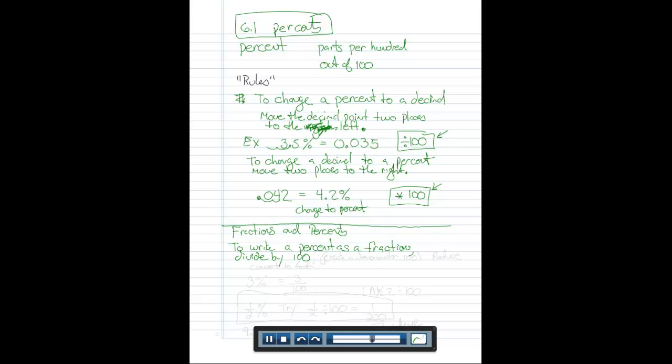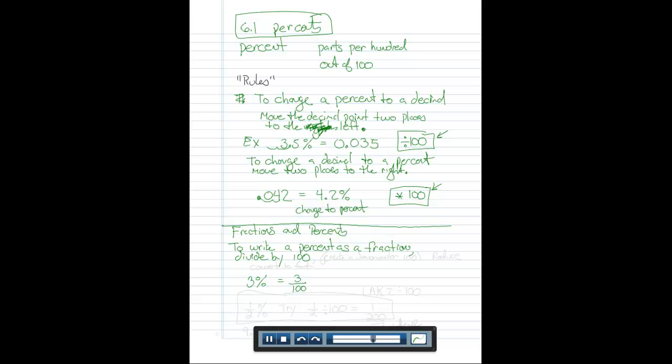So if I want to write a percent as a fraction, I divide by 100. For most examples, such as changing 3% to a fraction, you can just think about putting 100 in the denominator.